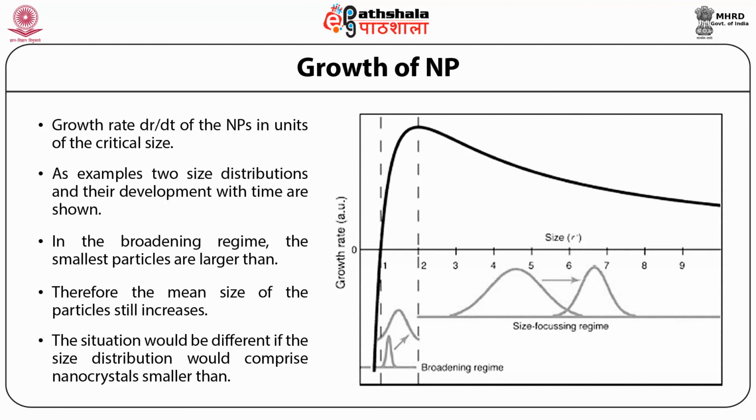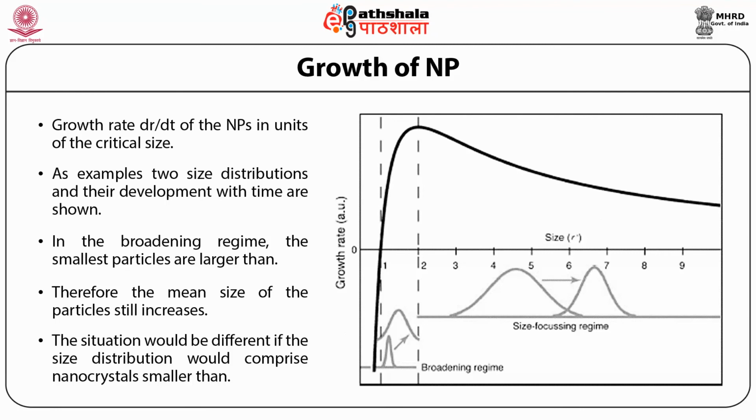If all the crystals present in the solution have a radius larger than this value, the smallest crystals grow fastest, and therefore the size distribution becomes narrower over time. The value of r* depends mainly on the overall concentration of free monomers, but also on the reaction temperature and on the surface tension σ.